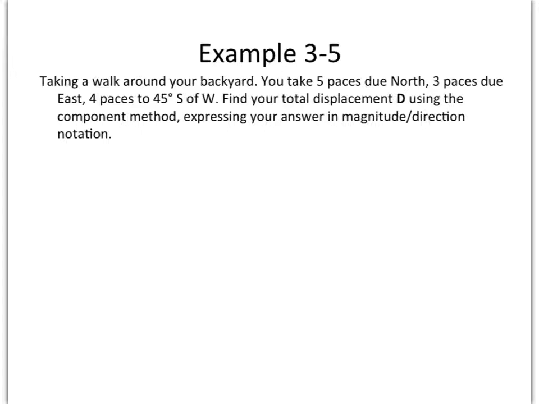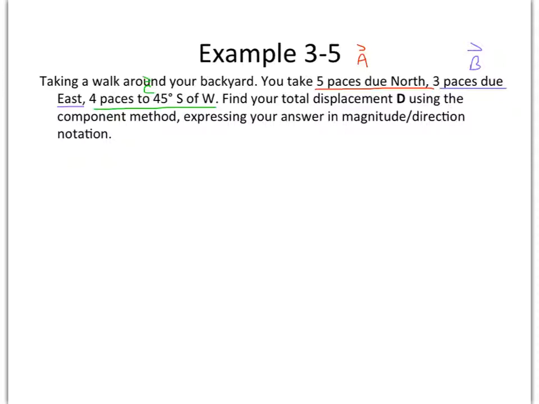Now these are not named, and this one right here, 5 paces due north, I'm going to just call vector A, very original, right? Vector B is going to be this purple one right here, and vector C, let's use a different color, we'll use green, and that is C, like so.